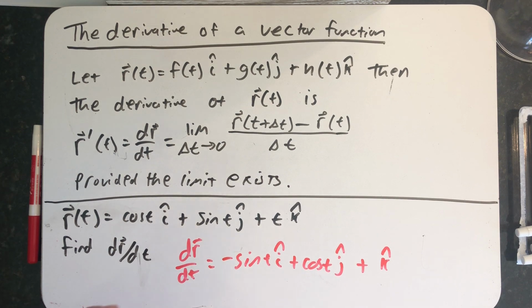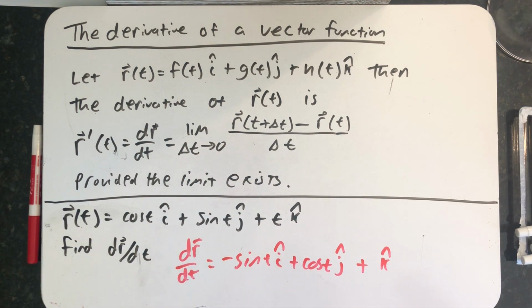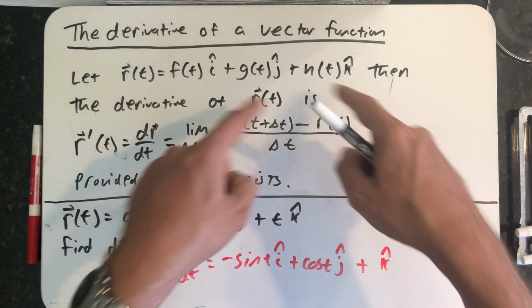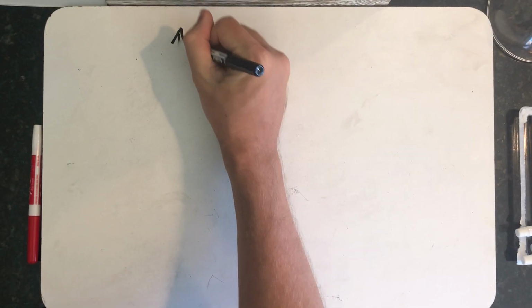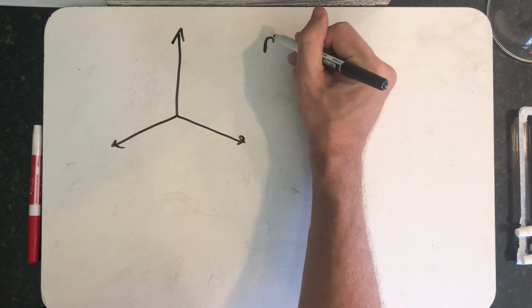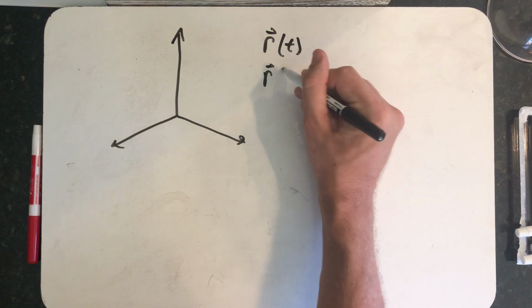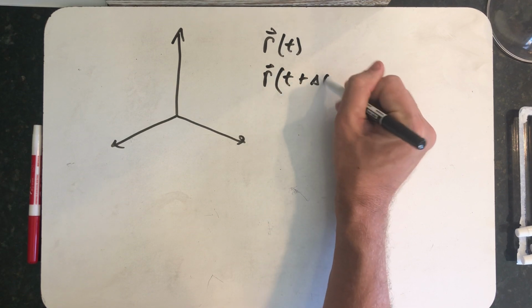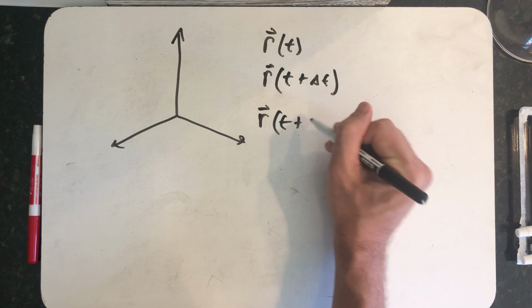Well, I need to justify that this limit statement, when it exists, says take the derivative of all three components. So I want to start off by looking at this difference quotient. So let's imagine we have a curve in space, and I want to look at what r of t means, what r of t plus delta t means, and what happens when I subtract those two vectors.